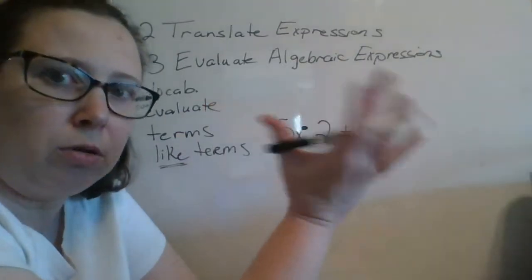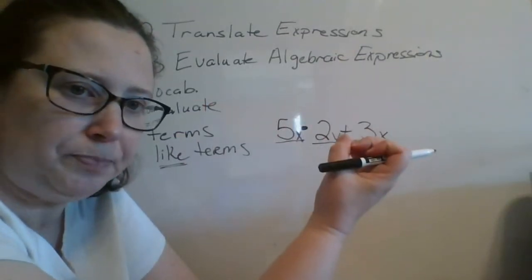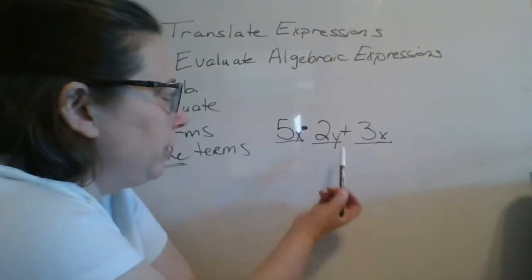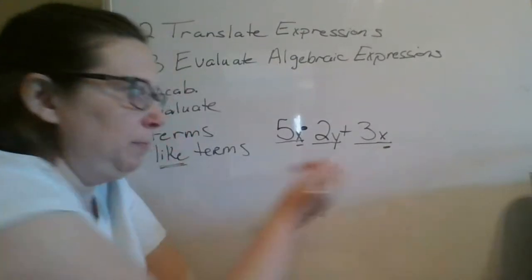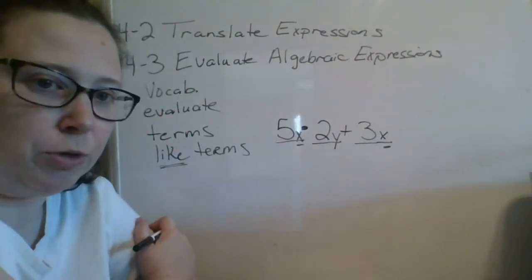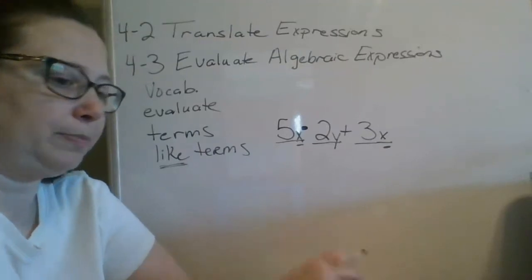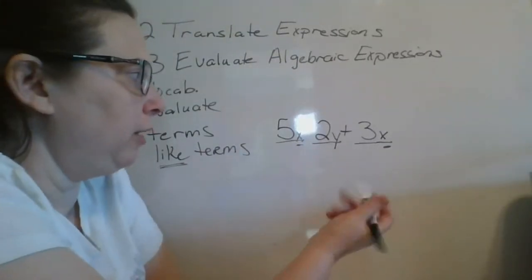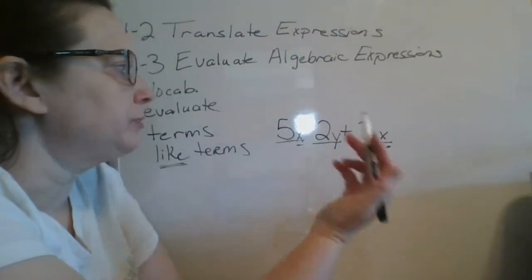When you know that we all have that last name of Koenig, you can group us together. We're the Koenigs. Same thing with our terms. If our terms have the same last name, the same variable, they are like terms. Those things can be grouped together.